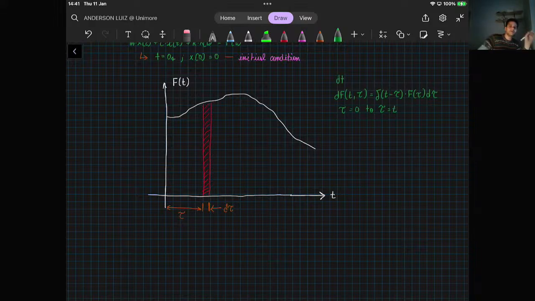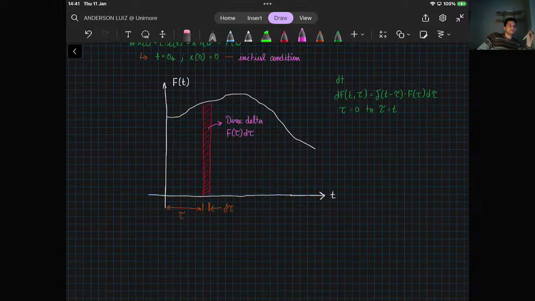So I will integrate in this window. Each stripe of df(t, tau), as we see here, is a Dirac delta with an amplitude f(tau) d tau.